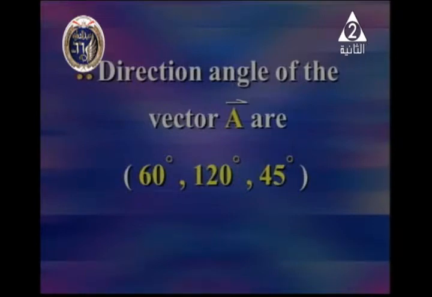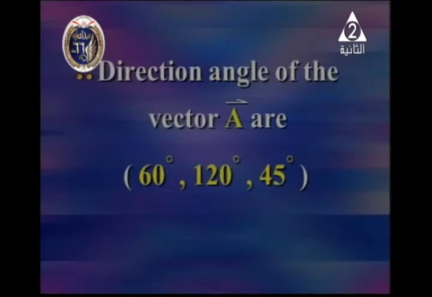Because cosine theta x equals 1 over 2, then theta x is 60. Cosine theta y is negative 1 over 2, so theta y is 120. Also, cosine theta z equals √2 over 2, so we deduce that theta z equals shift cosine of √2 over 2 equals 45. Then we deduce that the direction angles of vector A are 60, 120, and 45.